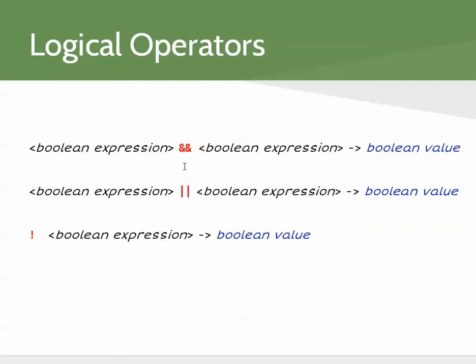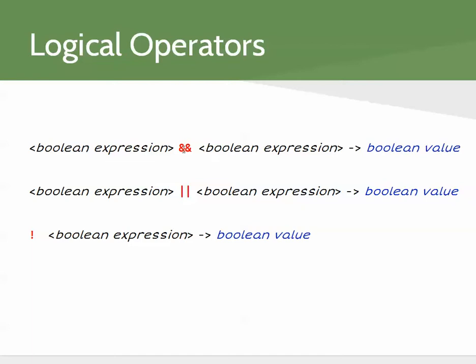All of our logical operators are applied on Boolean expressions, and that's important to remember. The left and right hand side of any one of these logical operators should always be a complete Boolean expression. The result of using these operators is another Boolean value, another true or false value.